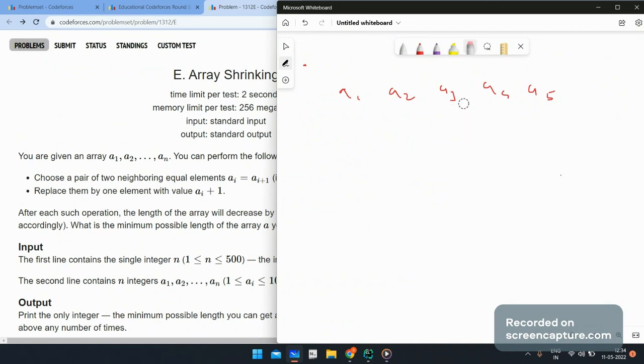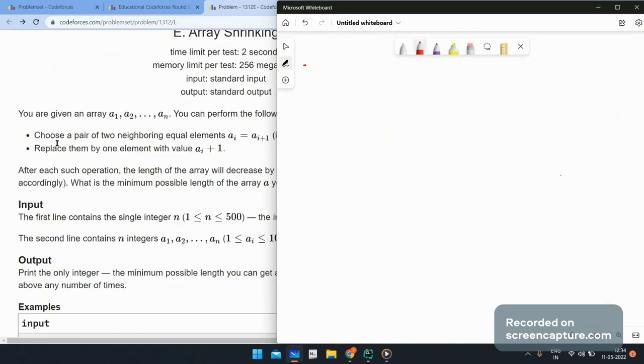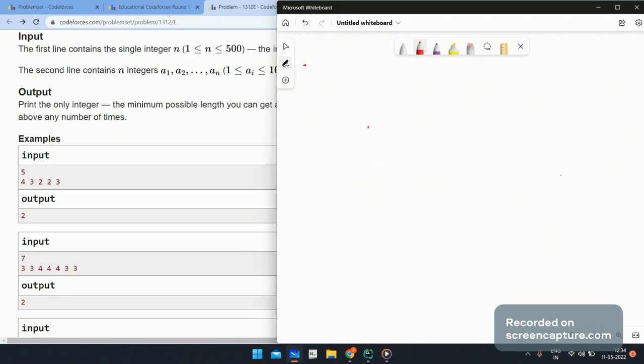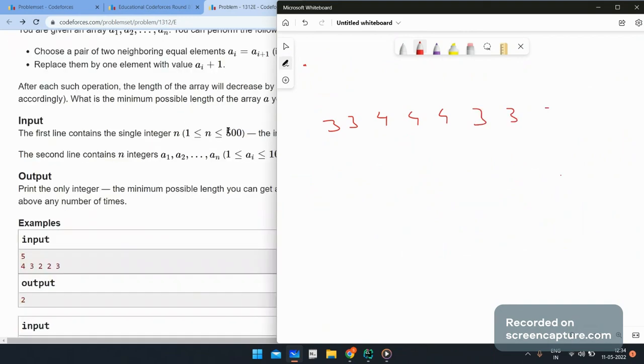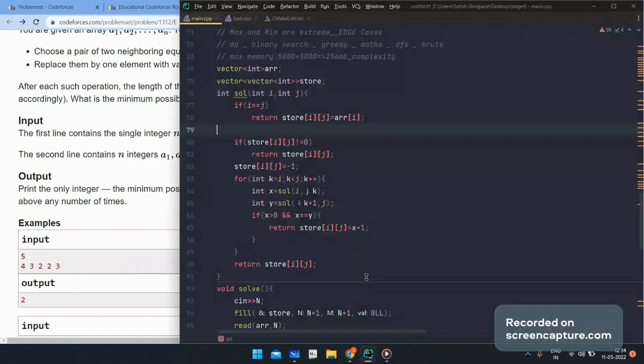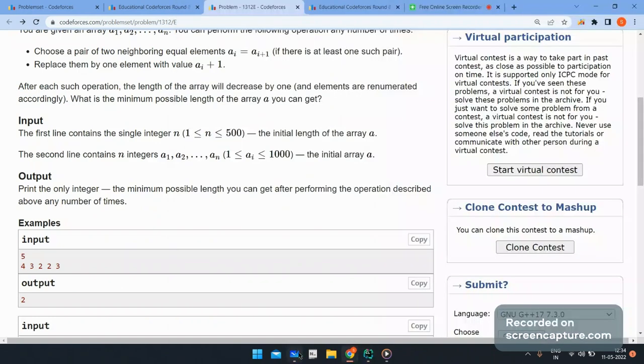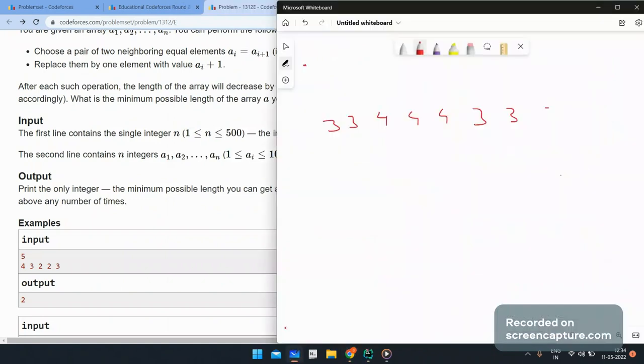So this is the problem, and let's go to the solution. Let's think about the DP approach, how this DP is going, and what complexities we are going to face. The complexities are very fine, 10 to the power 3, which is not a big issue for us, but the main concern I'm having is the memory.